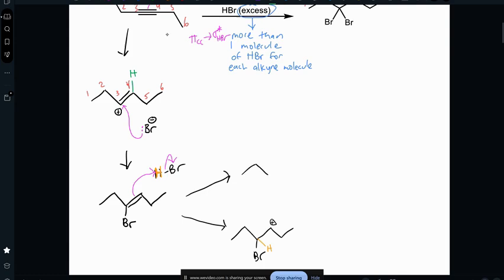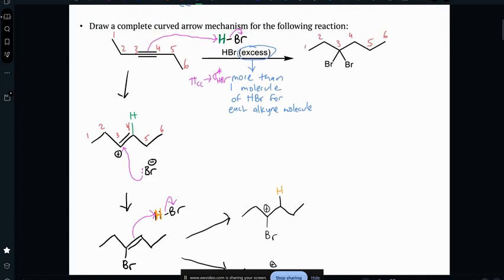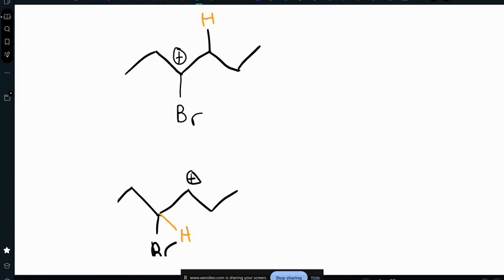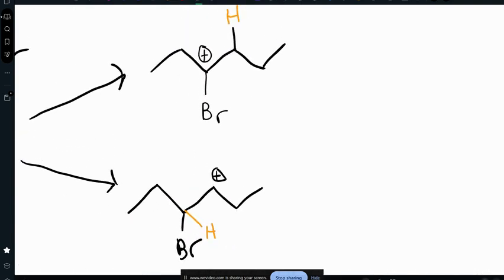Or I could add the hydrogen to carbon 4, and that would leave a carbocation at carbon 3. Unlike the first case where 3 and 4 were indistinguishable, now there's a difference. So the question becomes, do I want my carbocation on the carbon with bromine or on the carbon without bromine?